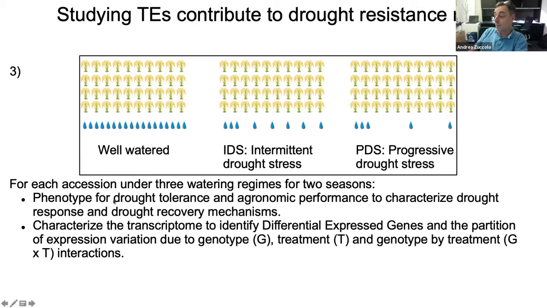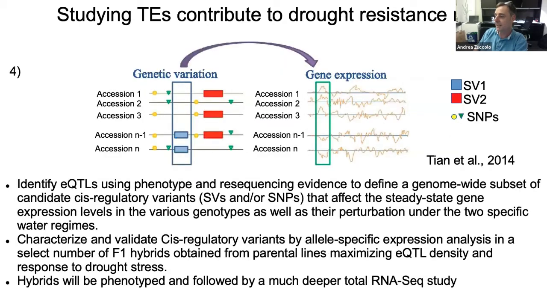The accessions will be phenotyped for drought tolerance and agronomic performance during these processes, and they will also be characterized from the transcriptome point of view in order to identify differentially expressed genes and figure out the partition of expression due to genotype, treatment, and genotype by treatment.